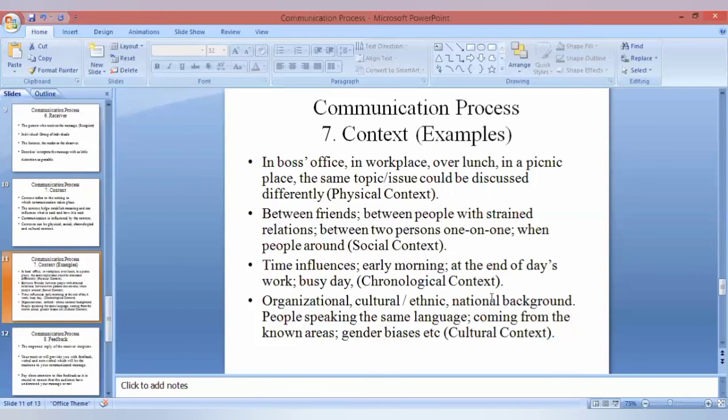There is a culture in an organization too, and a culture in society as well: ethnic issues, national background, people speaking the same language, coming from the known areas, gender biases, etc. If you talk about any of these areas in the form of a message, it means the context you have chosen for your message is cultural context.